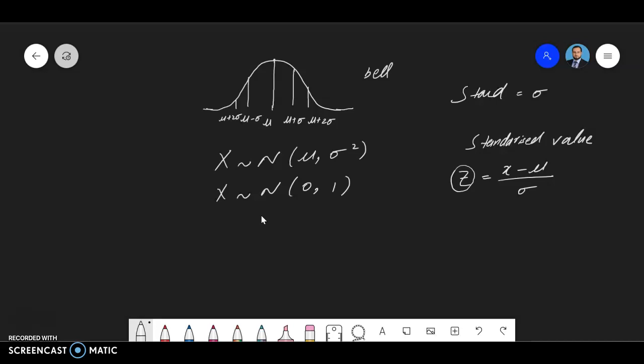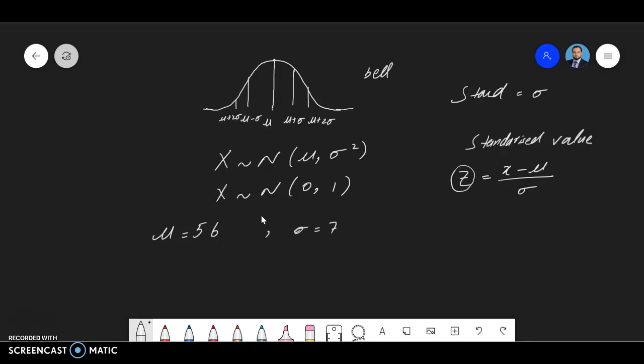So how will we do it? For example, if we have a mean given to us, let's say the mean is 56 and the standard deviation is 7. From here we can find the standardized score, but we need the value of x.